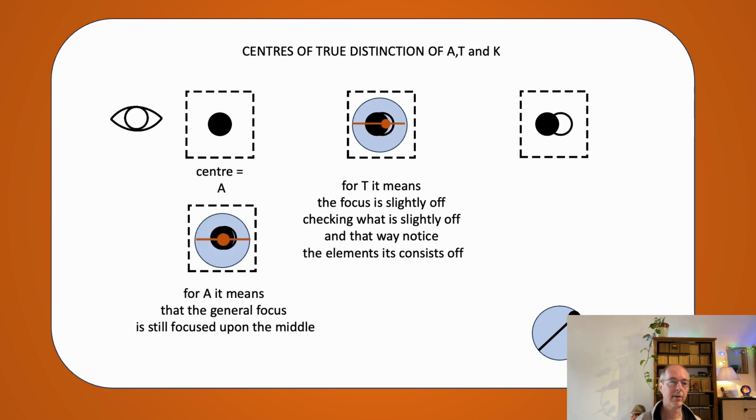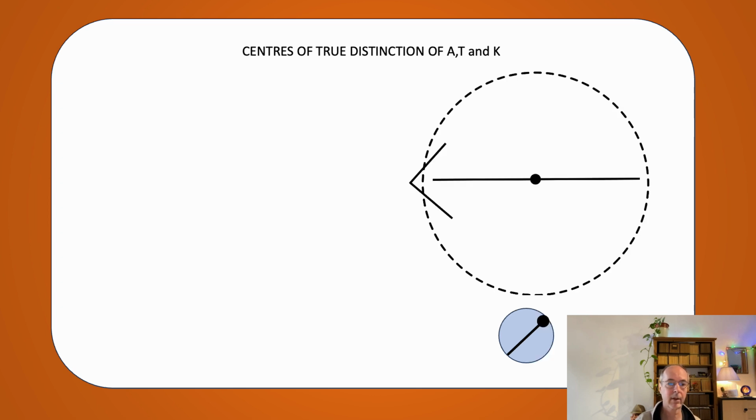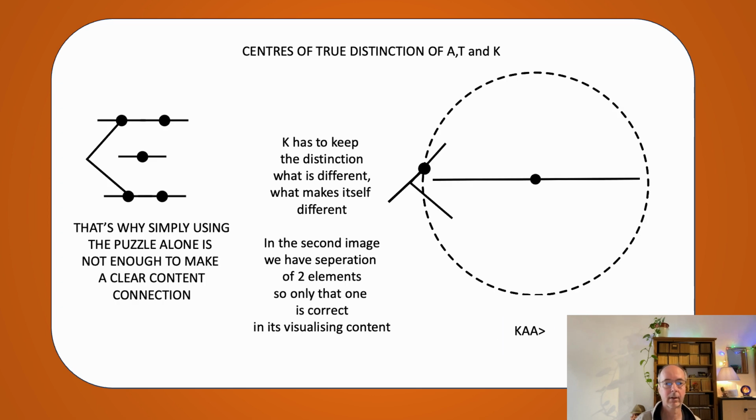The A and the T fit on it very well. You keep the focus on the middle. You're slightly off focus, so they fit very well. The K I will express on my drawing. And this K keeps a distinction to what is different.